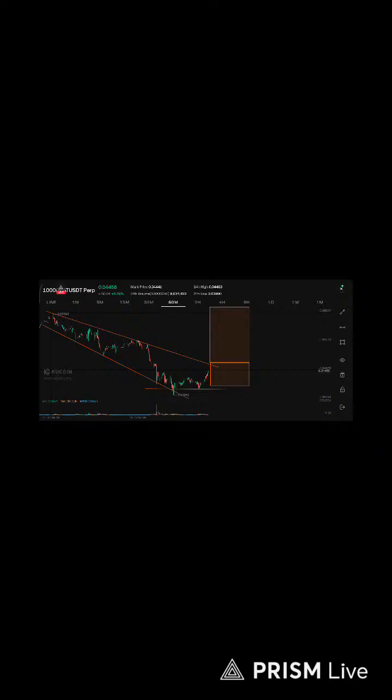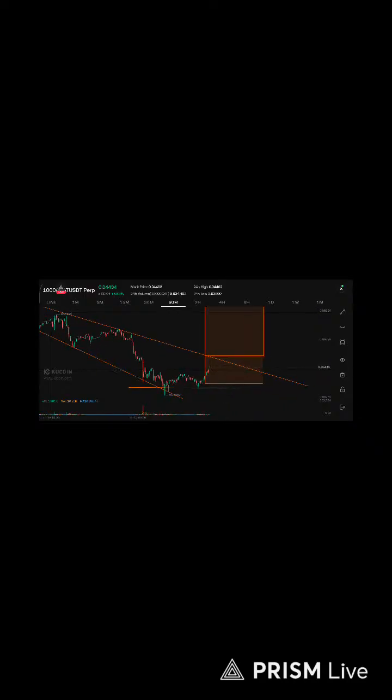So there is going to be a big green market that's going to happen here. Once the market crosses this line, once it breaks this trend line, you set up this, you're going to have a massive profit with it. So we are going to watch how it goes, right?